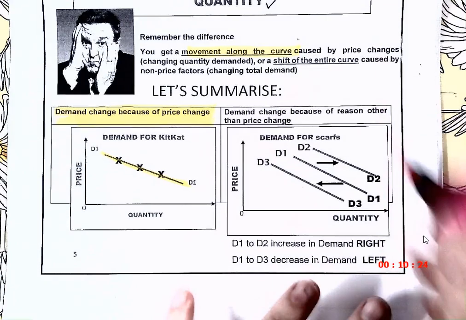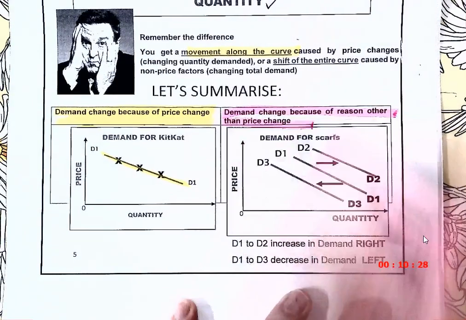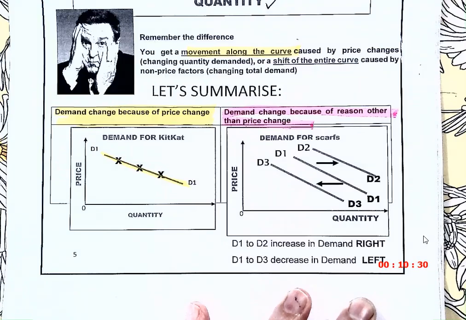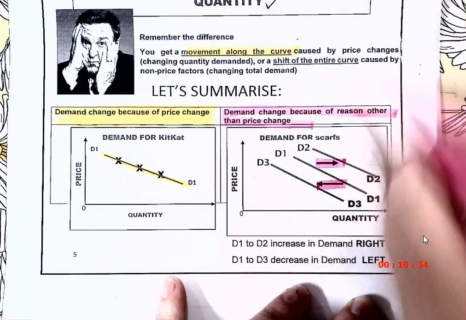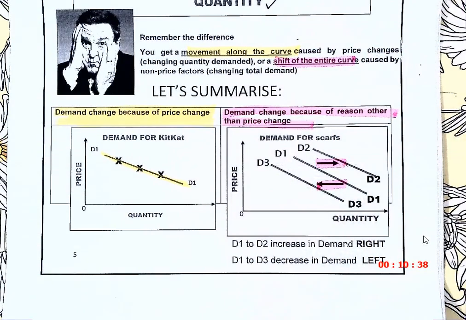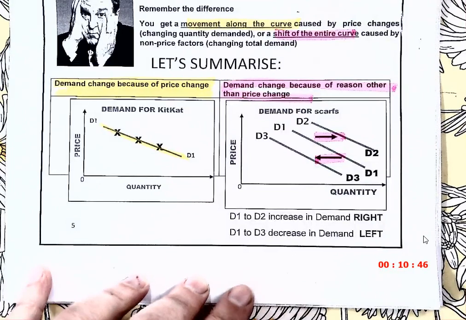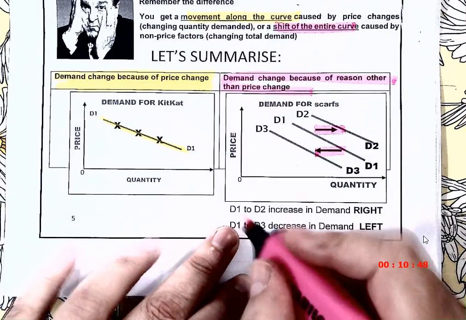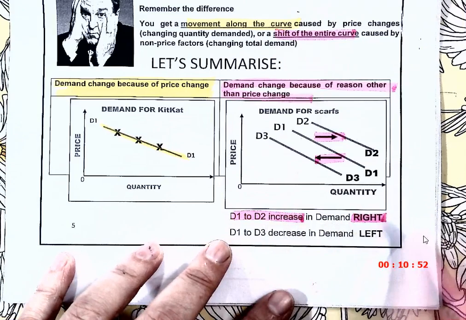If the demand changes for any other reason, it will be the curve itself. So we say it's a shift of the entire curve. So now the whole curve goes. And I made a little summary for you here at the bottom. D1 to D2 is an increase. It goes to the right.